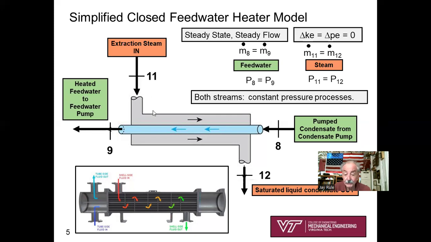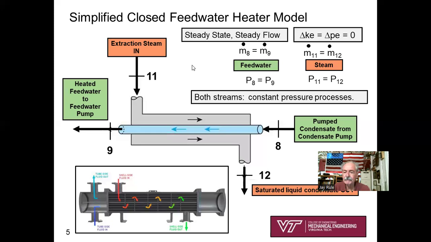Then you're showing on the shell side the extraction steam coming in basically as superheated vapor, or in some cases saturated vapor, coming into the heat exchanger and leaving as saturated liquid out the bottom of the shell to be handled somewhere else.